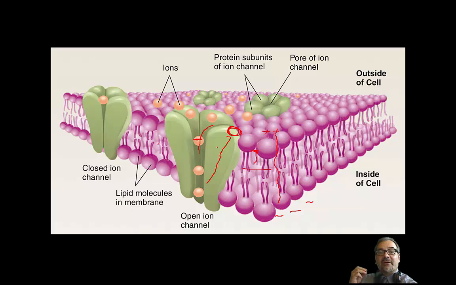That type of channel only opens when you have a change in voltage and you have a neurotransmitter that's trying to open the channels. You have to have the two conditions met in order to open these channels, more complex channels, as you can tell.